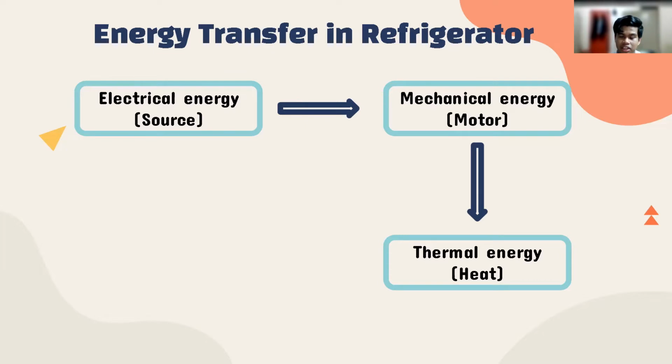The electrical energy will change form into mechanical energy, which is produced in the motor of the refrigerator, which contains the piston. Then the mechanical energy will change form into thermal energy in the form of heat, which is produced from the work in the piston and also the heat that is contained in the refrigerator.